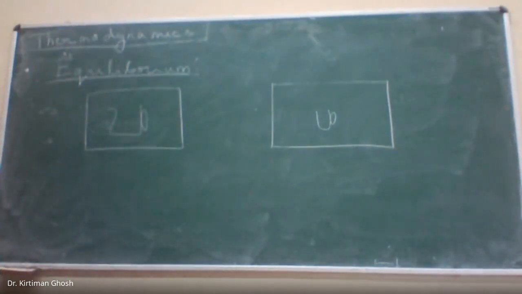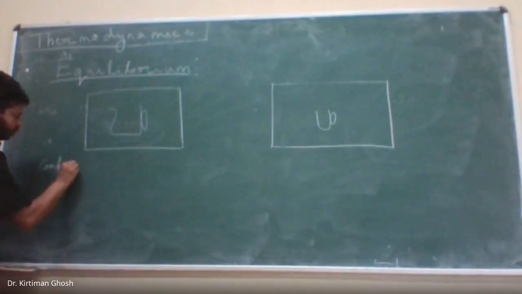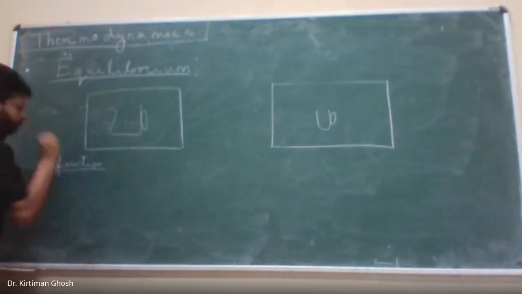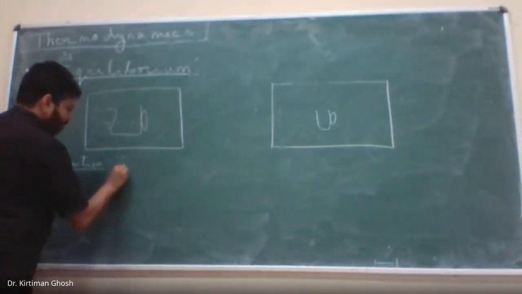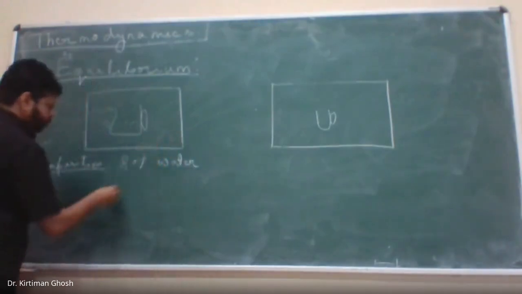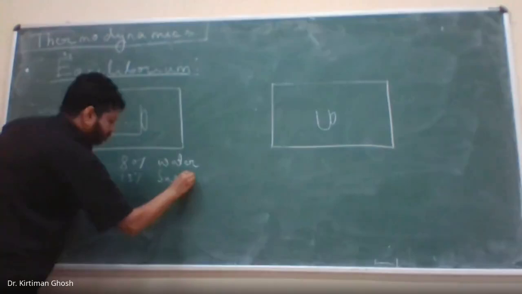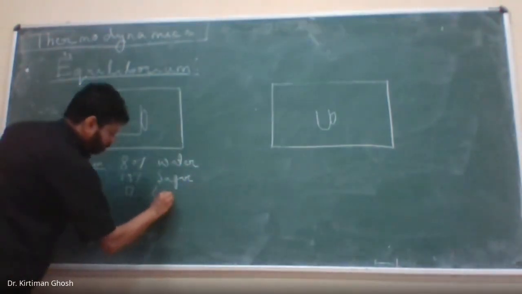Now, what will be the macroscopic description of these two systems? So this is a jar of solvent. I can say that the composition will be one of the macroscopic variables. Let us assume that it has, for example, 80% water, 15% sugar, and 5% lime juice.